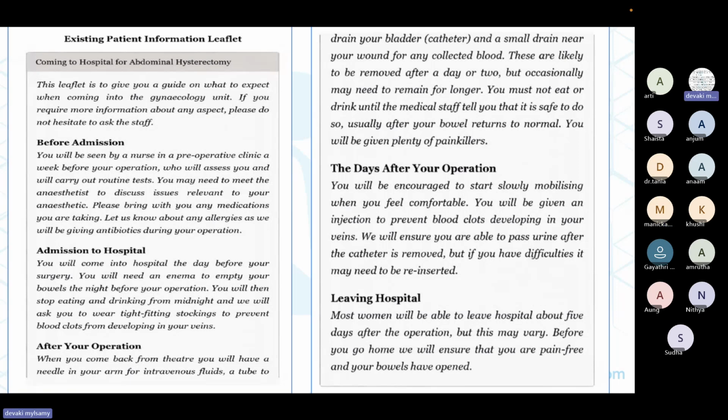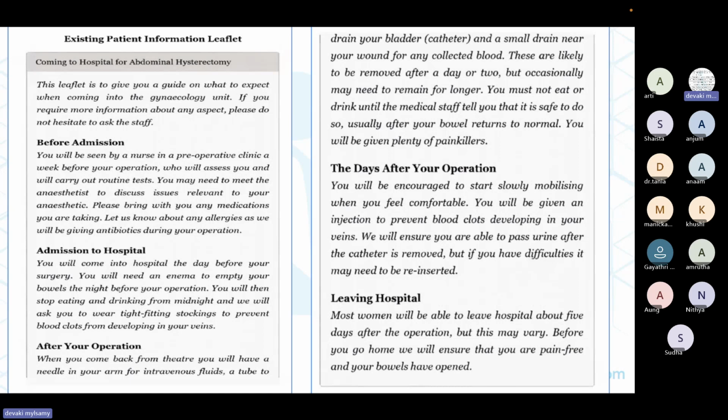Along with that, the format is very simple. The clarity and presentation we have mentioned, and the format is foldable, of A4 size, which is very good as it can be carried in the purse of the patient.